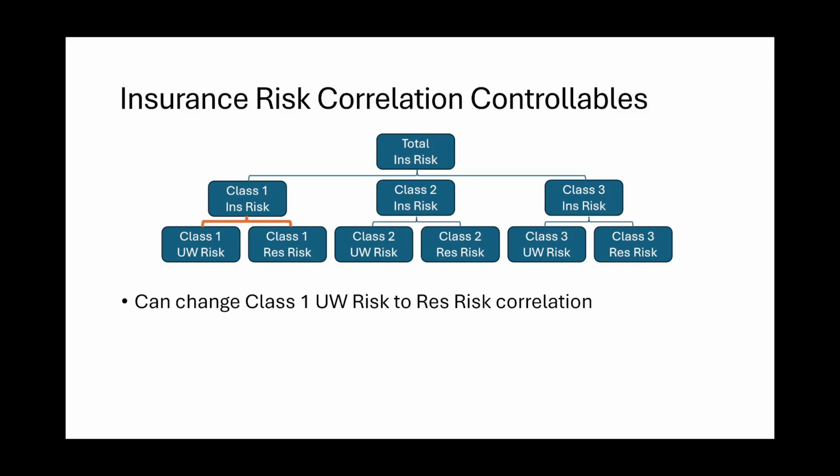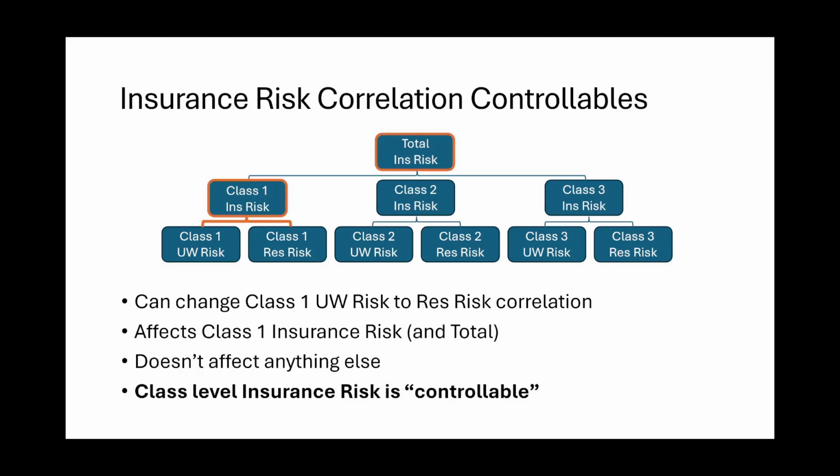I wouldn't affect any other classes. I don't have to change the underlying underwriting risk for that class. I haven't got to change the underlying reserve risk for that class. So none of the other important metrics in the model need to move. I can just dial up and down that one correlation strength and I'll affect class 1's insurance risk. So I can clearly affect class 1's insurance risk, and so I would say that that insurance risk figure at the class level is a controllable.